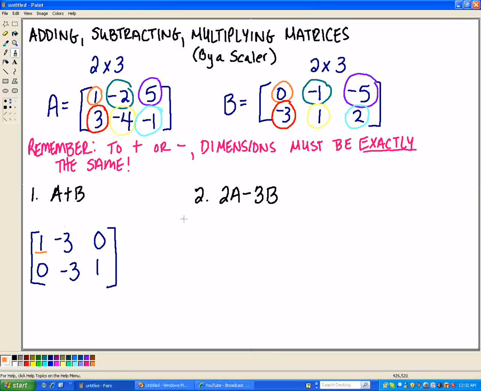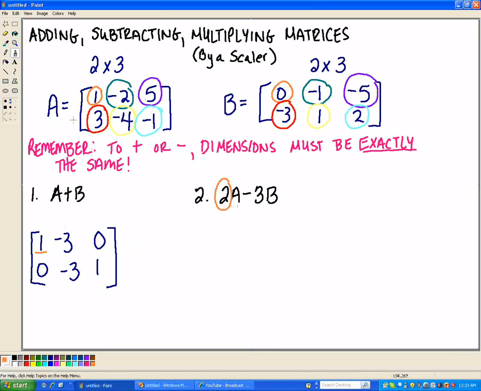The next problem was 2A minus 3B. The way that I multiply a matrix by a scalar or a constant is simply by multiplying every single element in the matrix by that number.